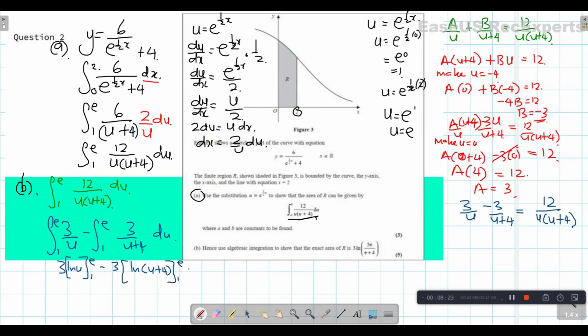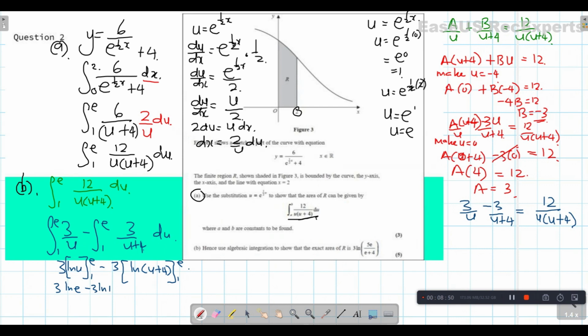You have to be very careful here. 3 times ln u, so you have 3 ln e, and then minus 3 ln 1, and then the next step is you substitute them inside.